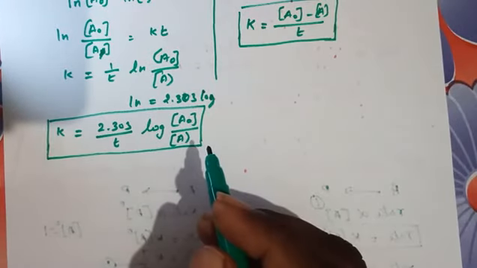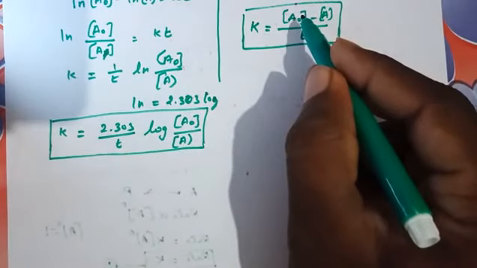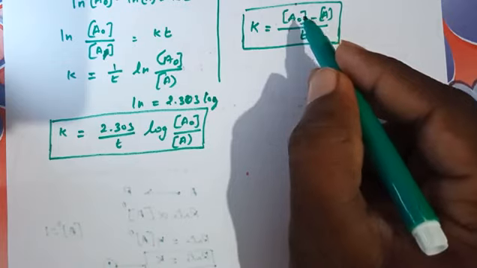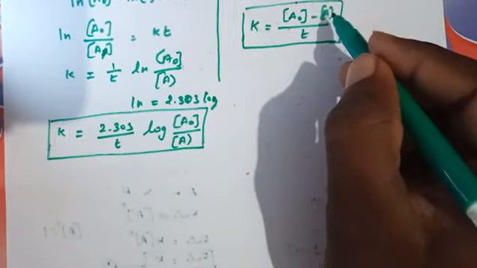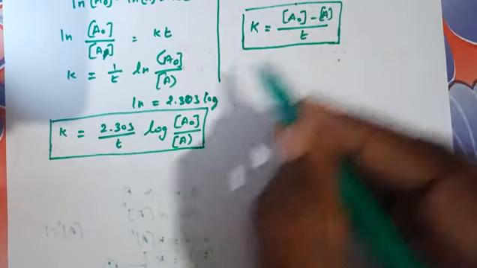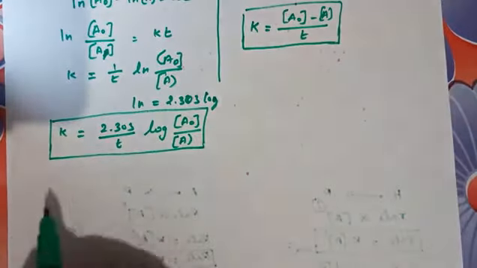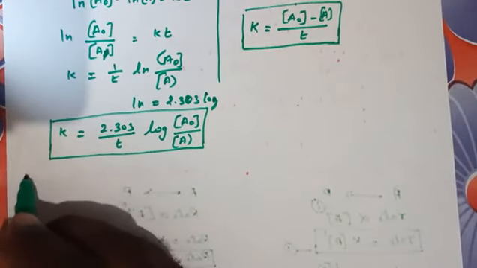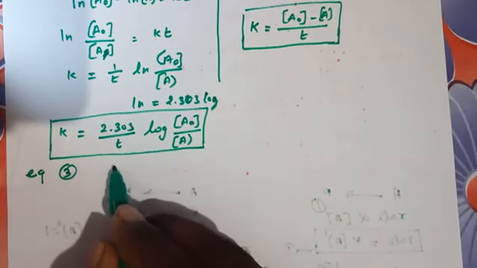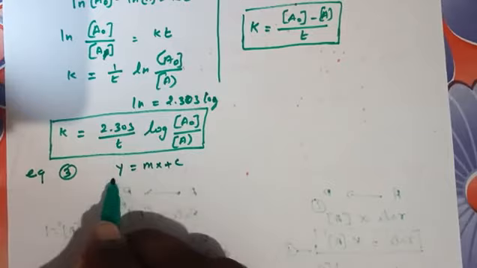For the above rate constant determination, A0 concentration is known as the initial concentration of the reactant, and A concentration is the final concentration of the reactant. t is known as time. Equation 3 in the form of a straight line, y is equal to mx plus c.